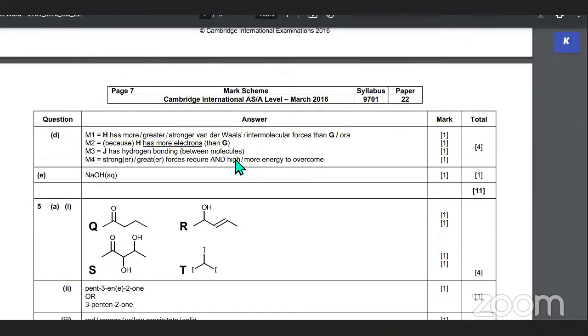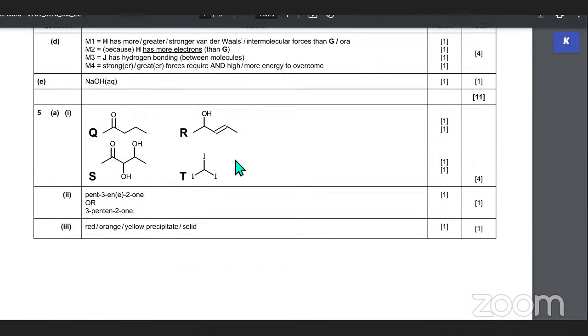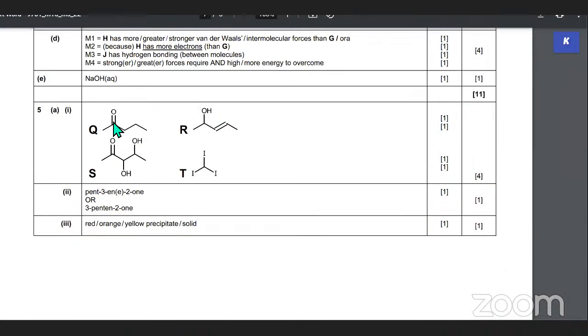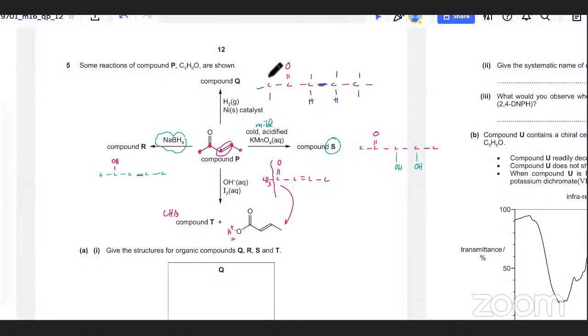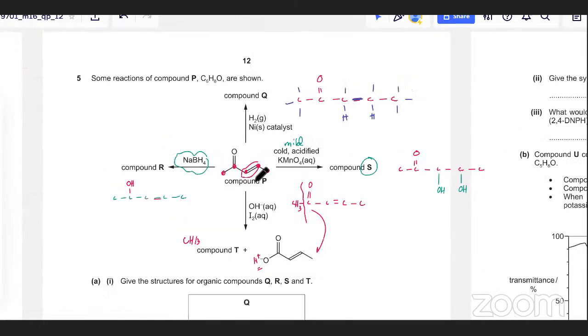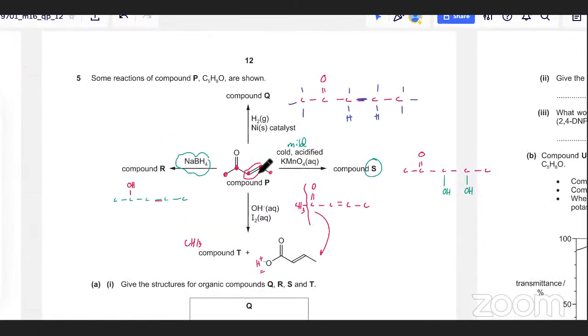Which was the last question? So I think we were talking about Q, right? So they didn't turn the ketone into an alcohol, which it does actually, but since this reaction is not in your course, they kept it as a ketone. So we're going to keep the ketone as it is. Hydrogenation only happens with the double bond. Is this all clear? Yes, sir.